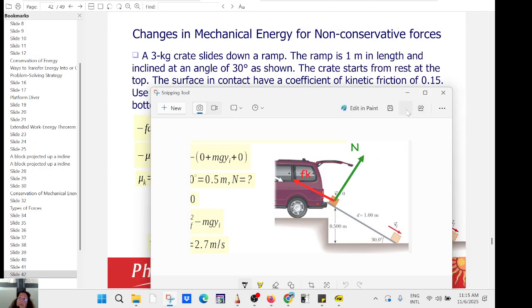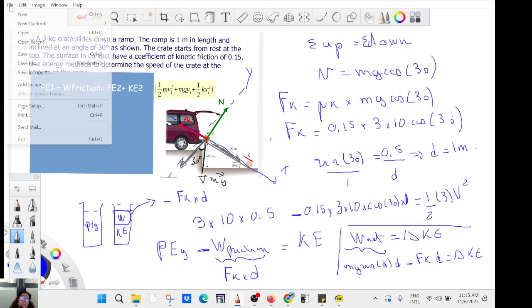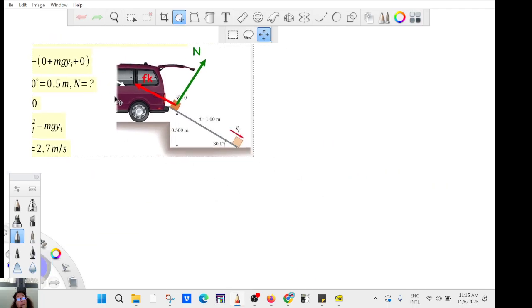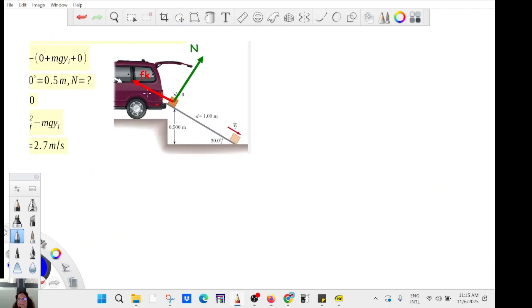Okay, so can you do it? Here the speed is 2.7 meters per second. So we start from here. That will be step number 1. And then it's going to have some kinetic energy here. So it's the same speed.